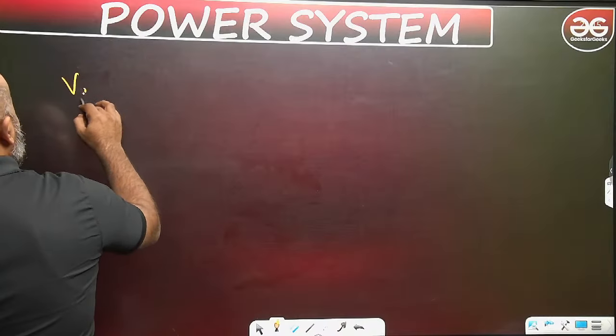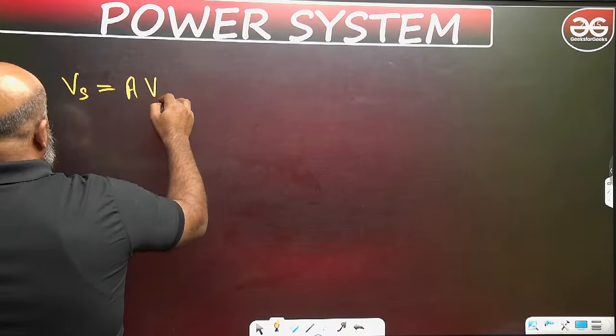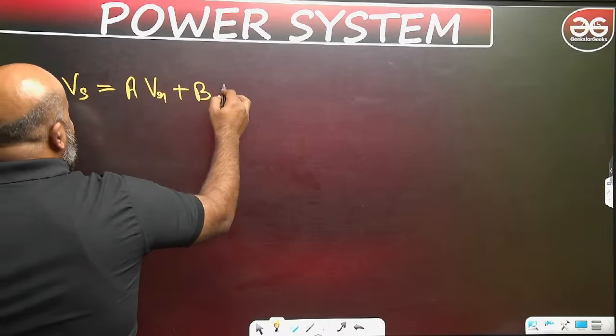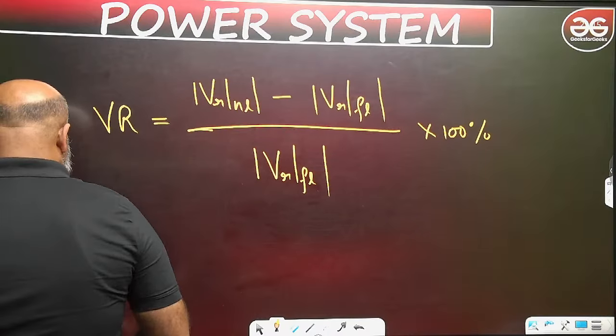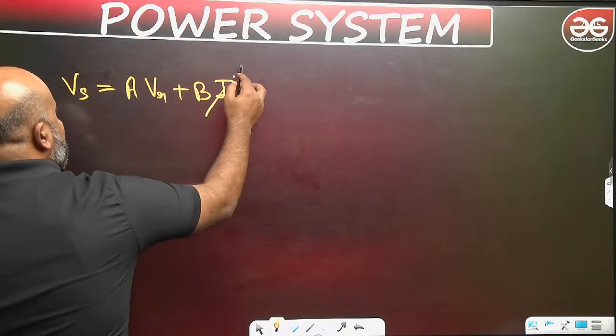So you are saying, sir, Vs is equal to A VR plus B IR. No load means IR is 0.